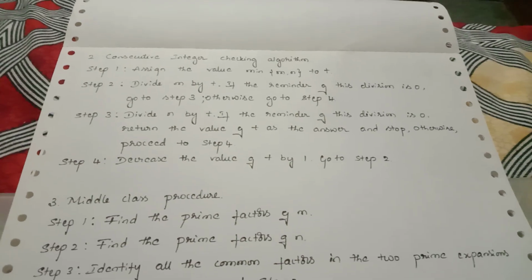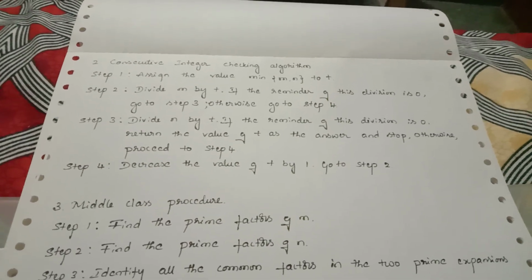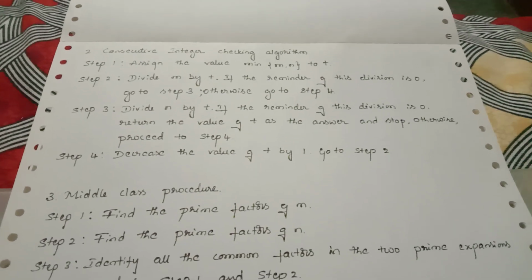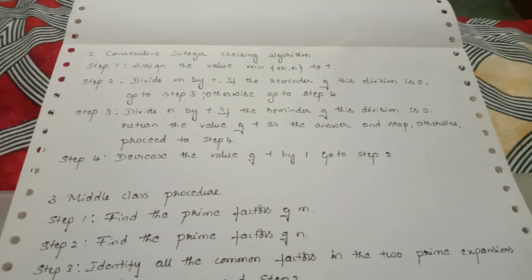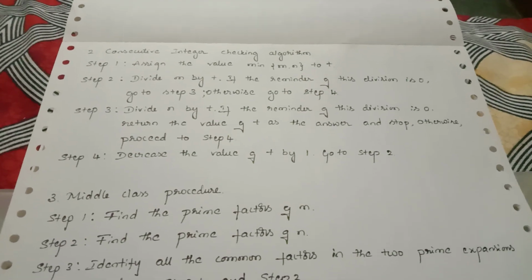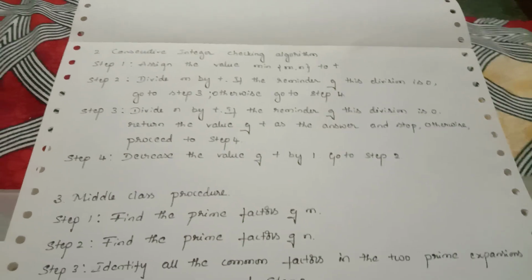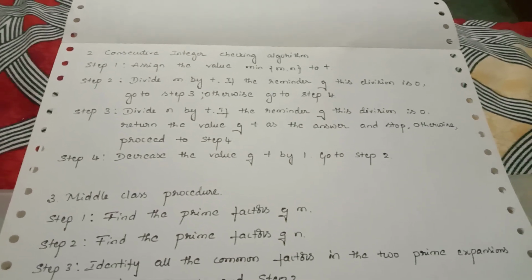That is the answer. We keep on reducing the values from 24 to 12, one by one, and keep on dividing both m and n by t, checking whether m is divided by the t value completely and n is divided by the t value completely.